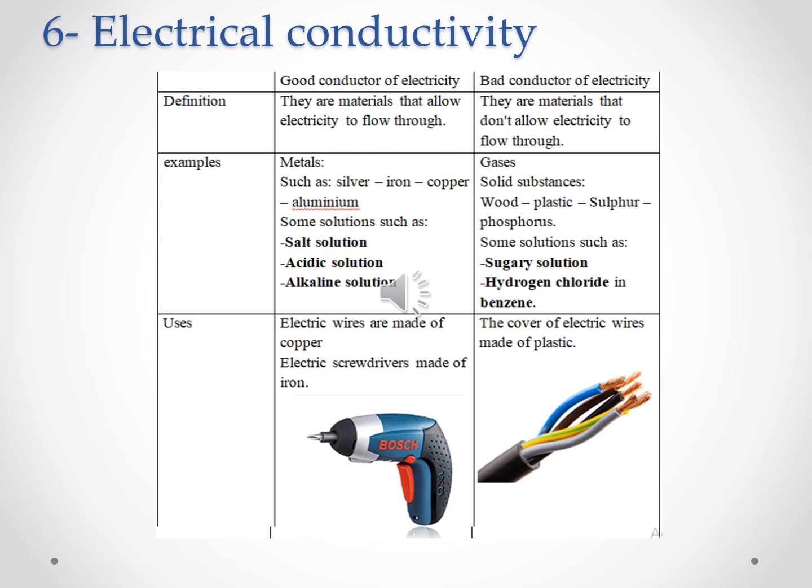And we have examples here and examples here. Examples of good conductors of electricity are all metals: iron, silver, copper, aluminium. And we have some solutions, and this is the new part. We have some solutions that are good conductors of electricity, like acidic solution, alkaline solution, and some salt solutions.